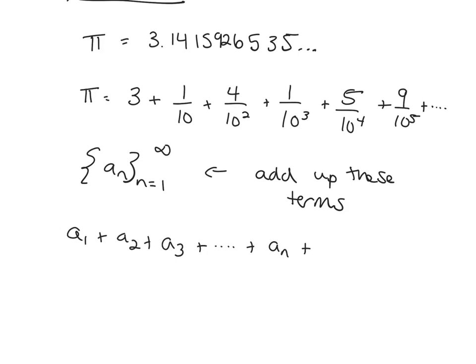The general term is a sub n, which looks just like this expression I had for pi. It's an infinite list of numbers that I'm adding together. And so this is what we call an infinite series, or sometimes they leave the infinite off, series.